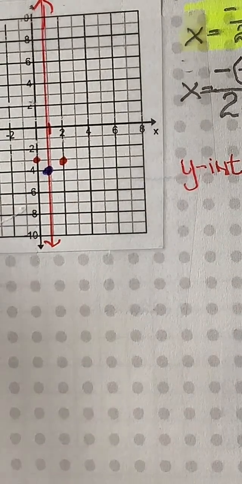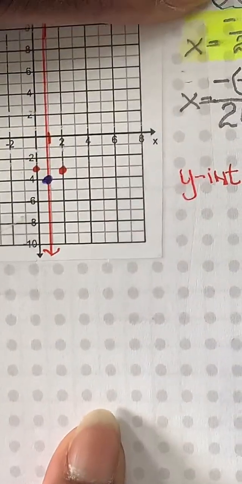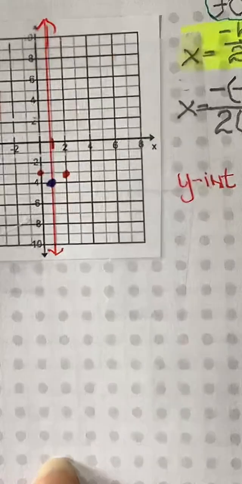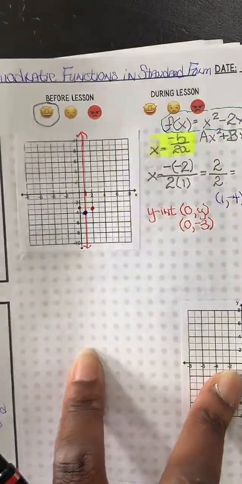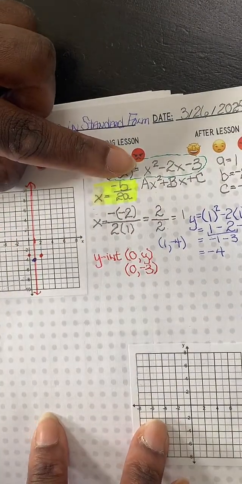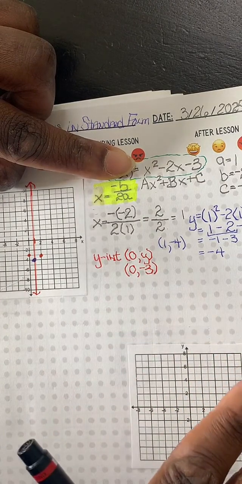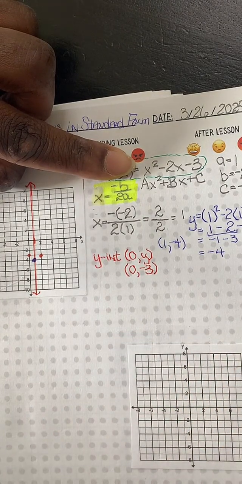What you could do is, again, using our equation, use this equation and just pick any value of x that seems reasonable, that seems manageable.